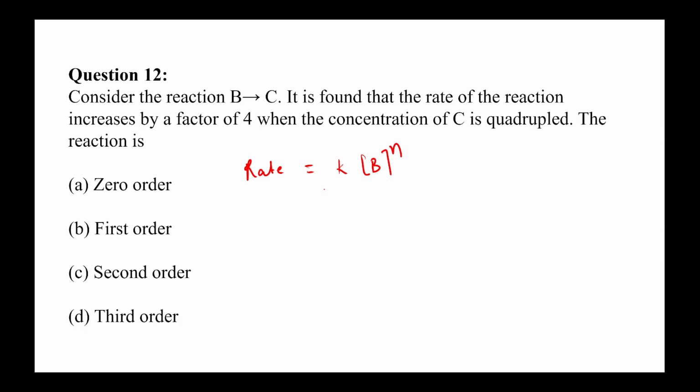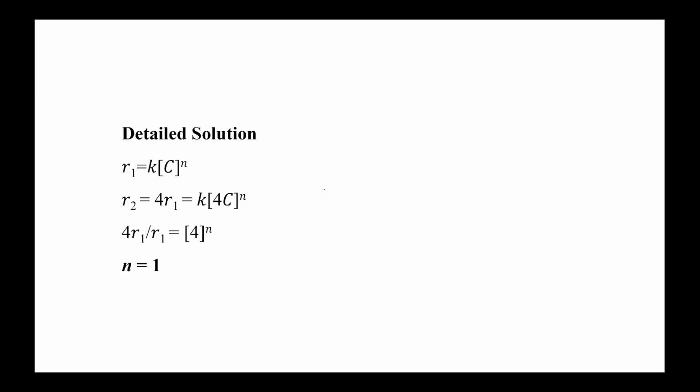If the reaction is B goes to C, B will reduce and C will automatically increase because B is getting converted into C, right? So change in concentration of either the reactant or the product with respect to time defines the rate of the reaction.